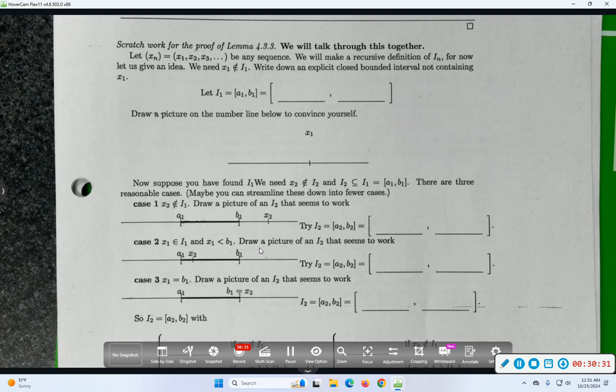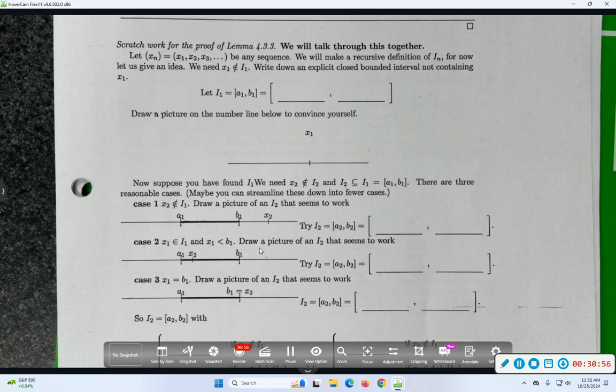So on that number line down there, draw an example of a closed bounded interval that does not contain that point x1. I just want to come up with an example, so drawing a picture will be a good place to start. And now label the endpoints in some way, many choices.